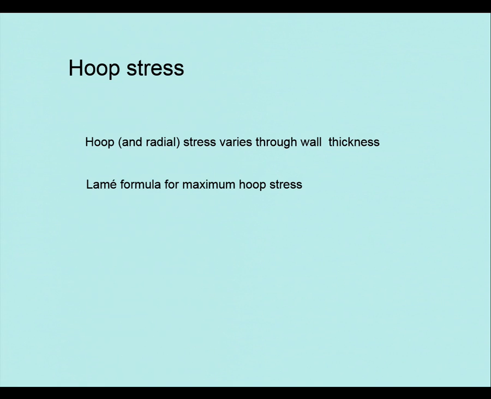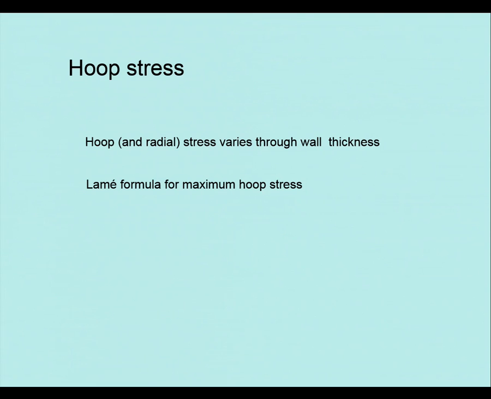Normally we call that a parameter you'll know and know a lot of. Get to know that, the D over T ratio. You'll see it in a little while. It's a non-dimensional parameter that we use a lot for collapse and buckling.